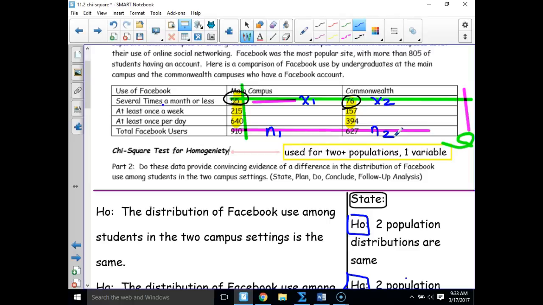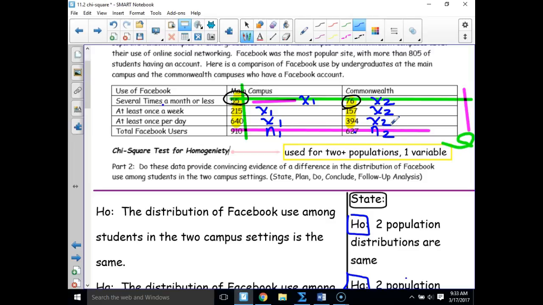These two rows, you're going to do at least once a week. So your X1 will be 215, your N1 will be 910, your X2 will be 157, your N2 will be 627. And then the last two rows, you're going to look at a proportion test at least once per day. So X1, X2, N1, N2, okay?